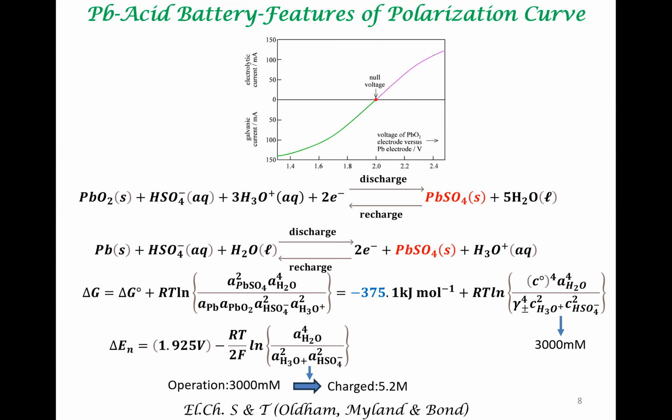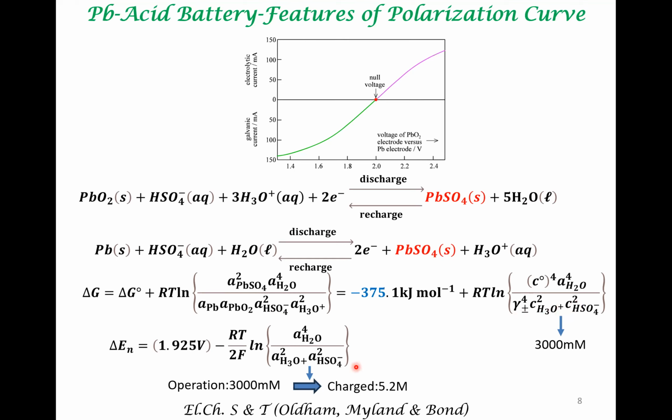As I said, the voltage can always be correlated to delta G. And what we are changing in the charging and discharging process is basically these terms. During the discharge of the battery, we said this was the average concentration of these terms.